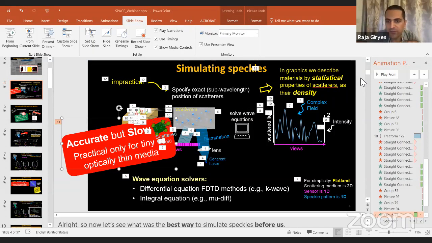Okay, so if the question was not answered, please rewrite it. The first question was written again. TIRF is total internal reflection fluorescence, and this question was just a suggestion of how to do near-field speckle characterization. I'm still not sure that I understand it. You can do a near-field characterization by solving the wave equation.